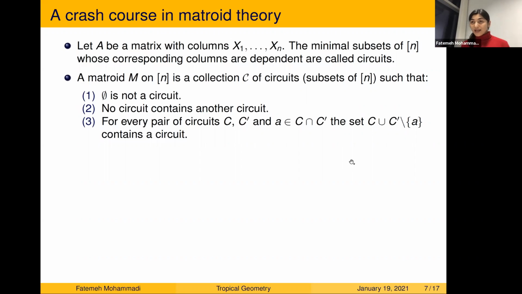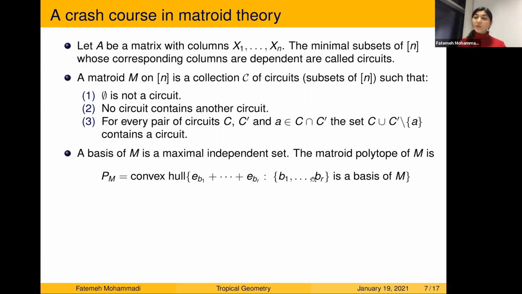So this was the definition of an abstract matroid. Similarly, as we had basis elements of the matrix, which were the maximal independent sets, the maximal collections of independent columns, here you can also define the maximal independent sets: those subsets of 1 to n that don't contain any circuit, so they don't contain any dependencies.